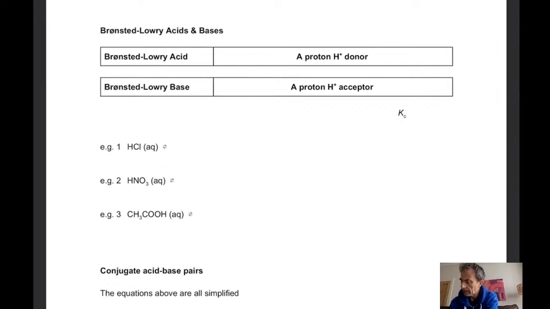So hydrochloric acid, when that's in solution, dissociates into H plus ions and chloride ions, of course. And you'll notice here I've got a Kc, the Kc from equilibrium.